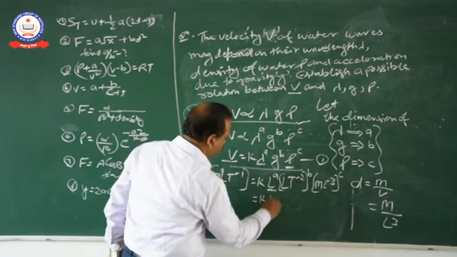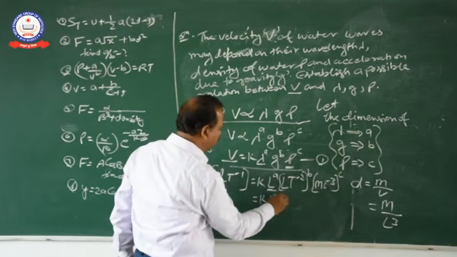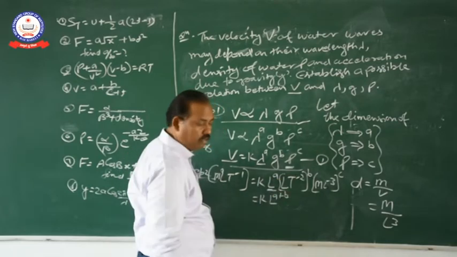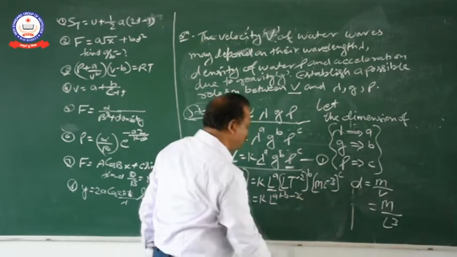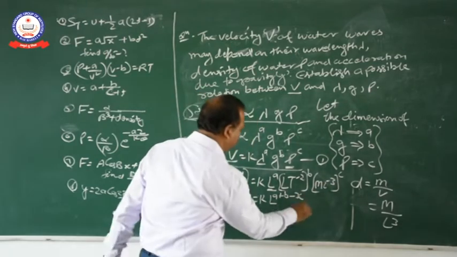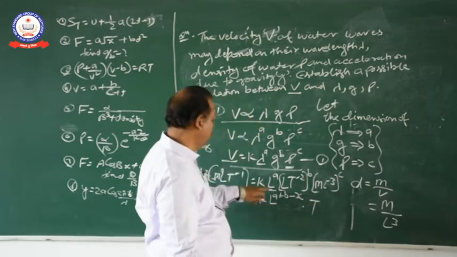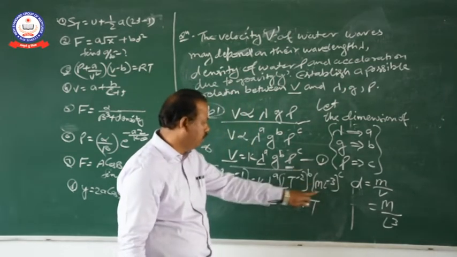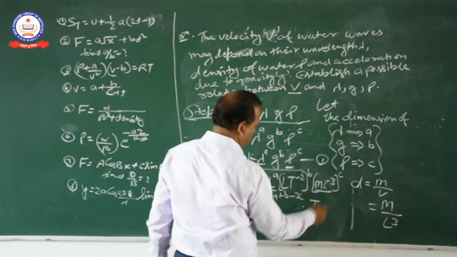So we write L raised to power A into L raised to power B, means A plus B. Here L raised to power minus 3C. Correct? And time, minus 2B, and here no time.